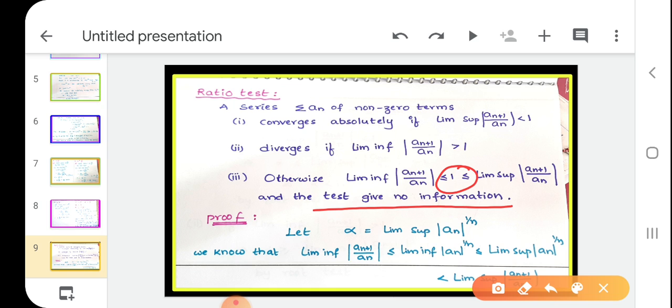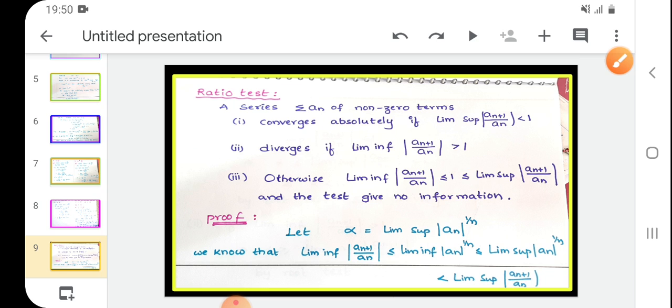In the root test and ratio test, we can decide whether the given series is convergent or divergent only when alpha is less than 1 or alpha is greater than 1. If alpha equals 1, we can't say whether the given series is convergent or divergent in both tests. So if the limit equals 1, we say the test gives no information.